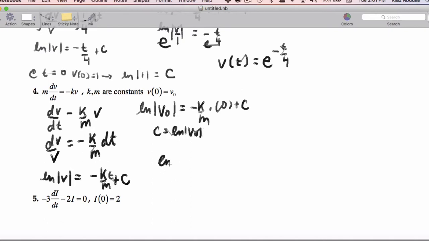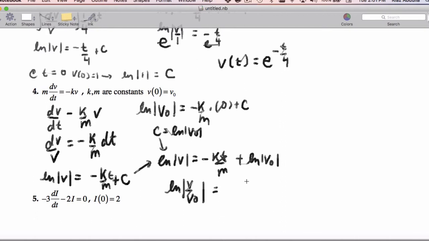Continuing, we can now put these two things together into the full solution. So the natural log of v equals negative kt over m plus the natural log of v naught. Subtracting natural log of v naught from both sides, we're going to get ln of v over v naught equals negative kt over m.